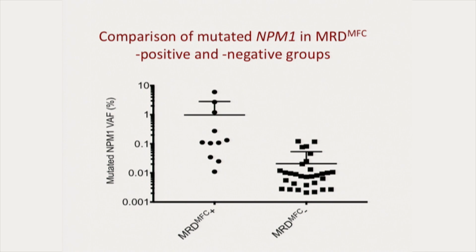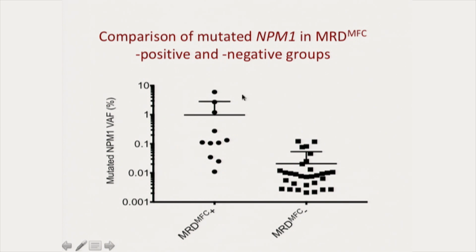So the flow MRD simply is the tip of the iceberg above the water, right? It just represents a higher level of MRD that can also be detected by a molecular approach. Here we just demonstrate that point.